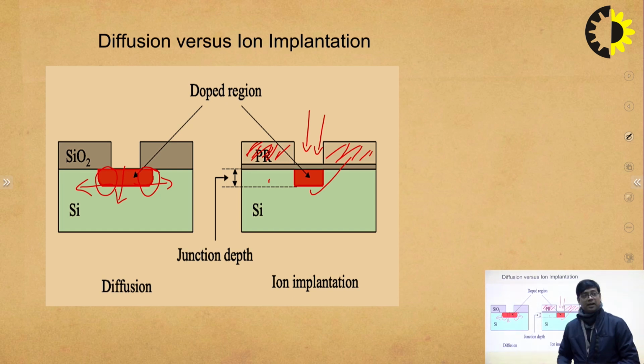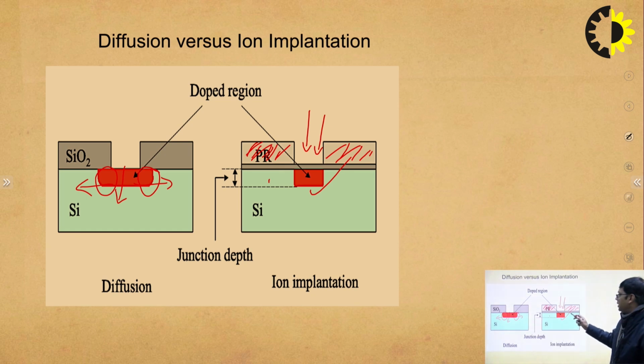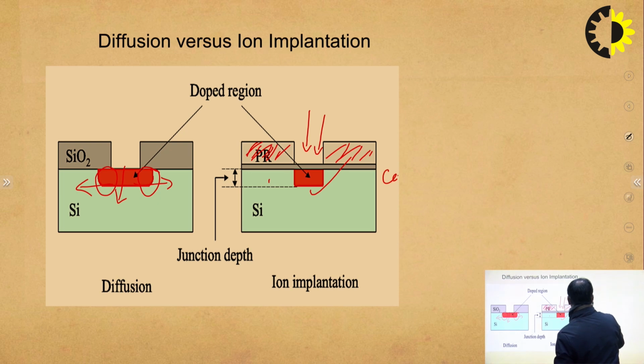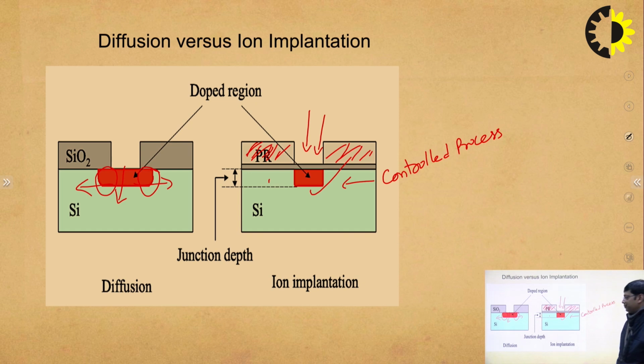So this is undesired. So in case of diffusion, it is not a very well controlled process, but ion implantation is a very well controlled process.